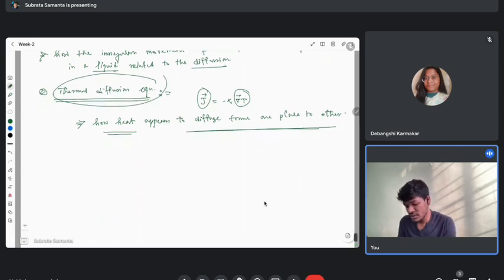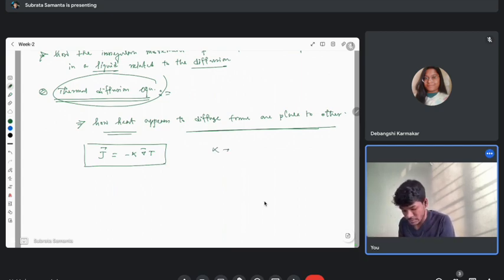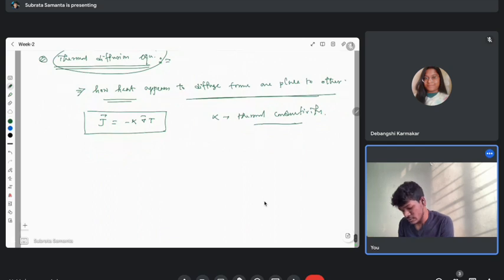So let's start again from the heat flux. The heat flux J vector is minus kappa grad T, and kappa is the thermal conductivity. This is in 3D.